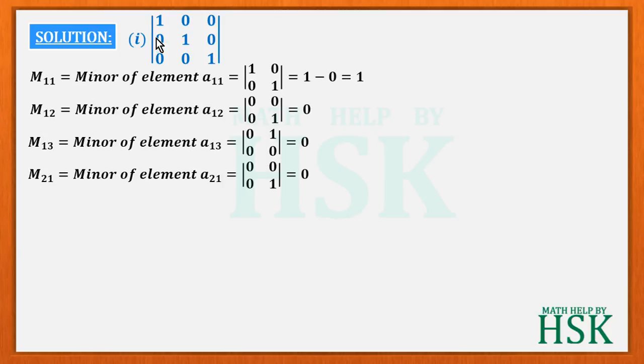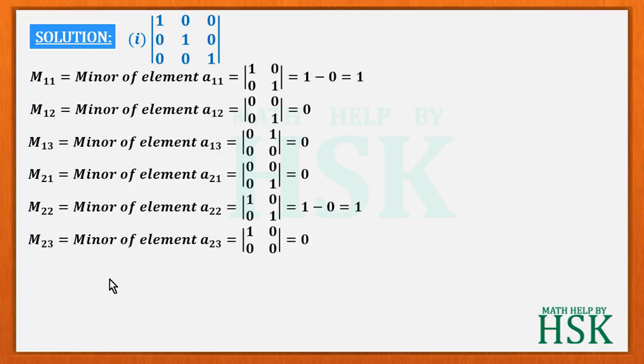M21, the minor of this element, would be equal to the determinant 0 0 0 1, or 0. M22, the minor of the element a22, will be equal to the determinant 1 0 0 1, or 1 minus 0, or 1. M23, the minor of this element, would be equal to the determinant 1 0 0 0; 1 into 0 is 0, 0 into 0 is 0, so we get 0.